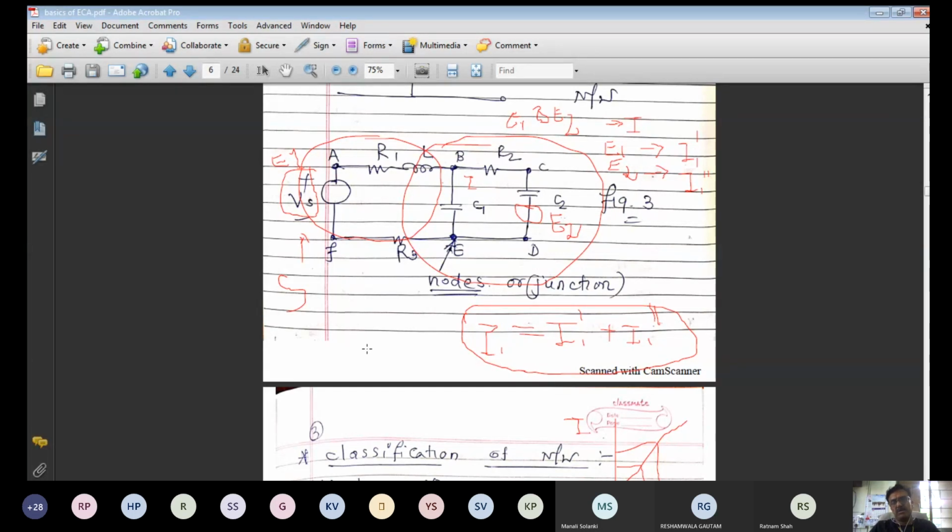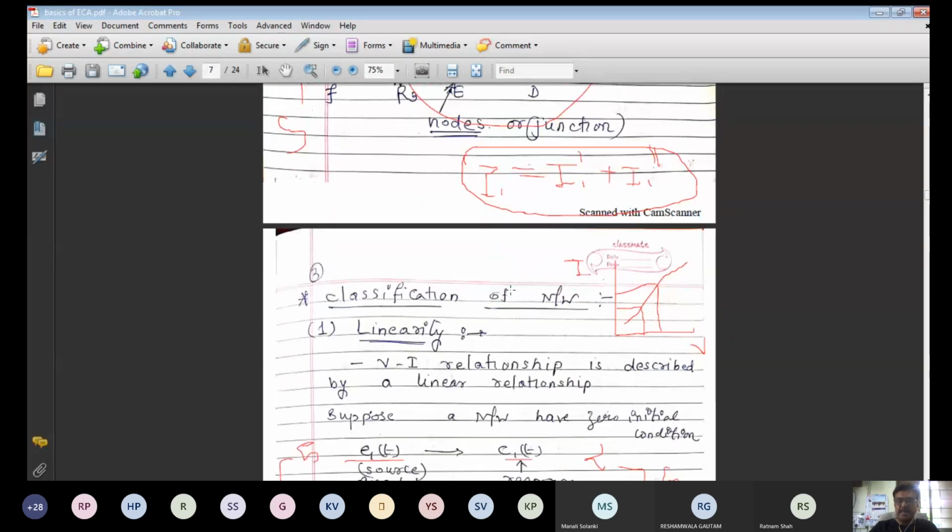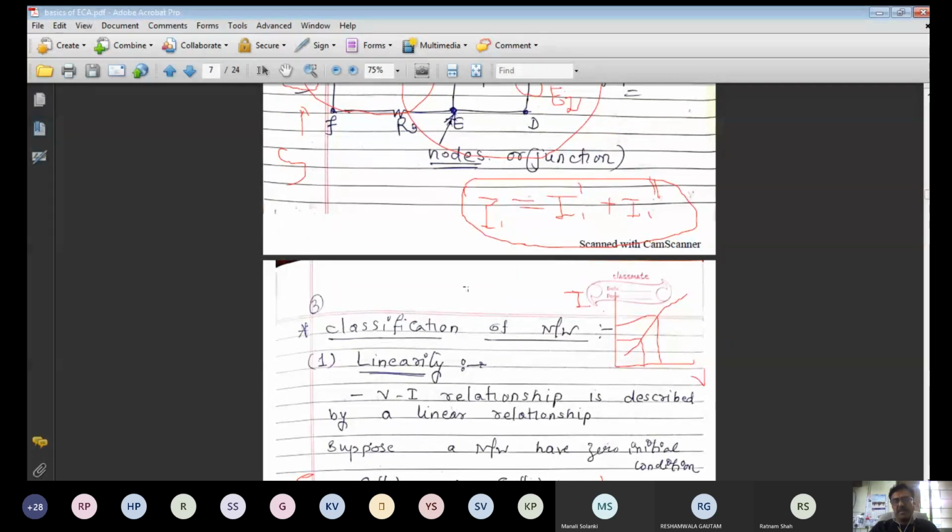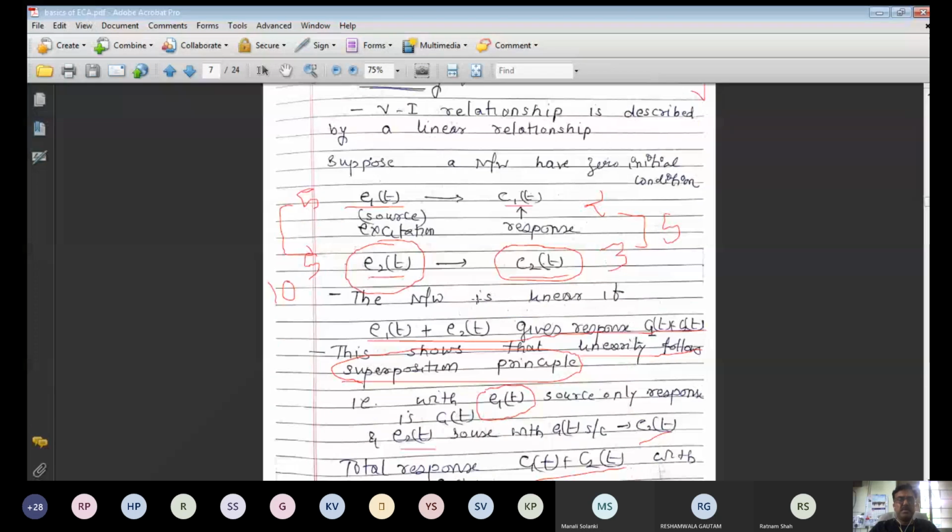Take a printout of the manual, note down the readings and keep it with you, and when you come to the college I will sign accordingly. So this is regarding the practical. In the practical also we will perform this superposition theorem. My aim is that you should know the practical as well as the theory concept.